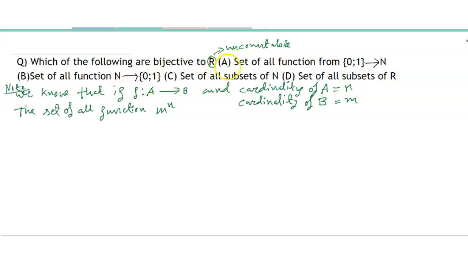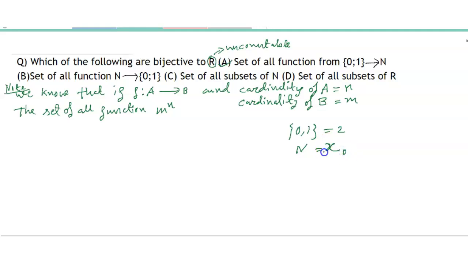So the set of all functions from N to {0,1}. Whatever we see, the cardinality of {0,1} is 2, and for N we know it is Aleph knot.